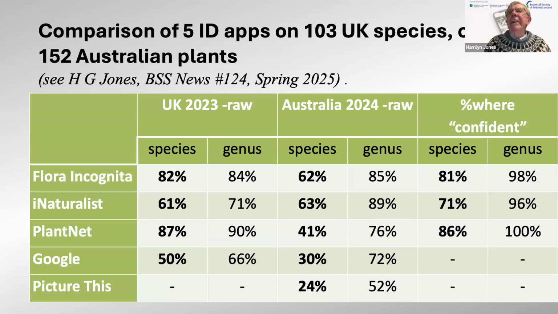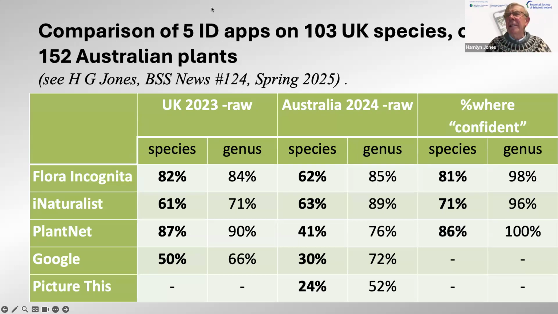And again, I've got the UK readings on the left-hand two columns, the percent correct to species or correct to genus, with Flora Incognita and PlantNet again standing out as pretty good.